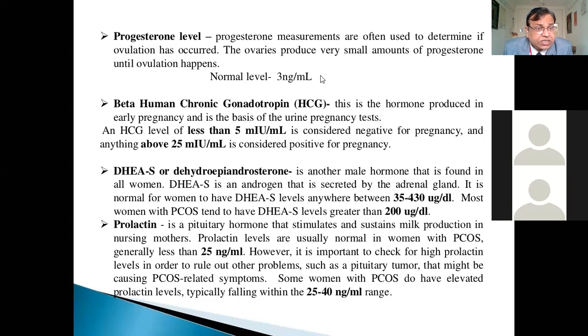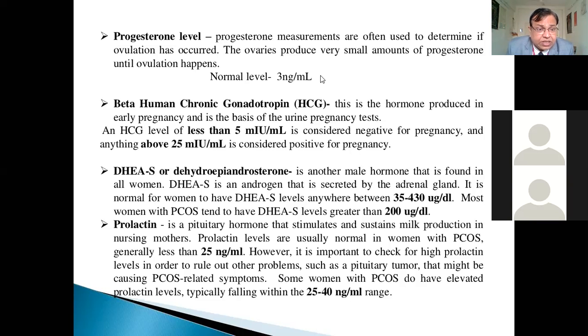HCG level less than 5 MIU per ml is considered negative for pregnancy, and if its level is above 25 MIU, it is considered a positive pregnancy test. That is indicated through the lines appearing in a test kit.